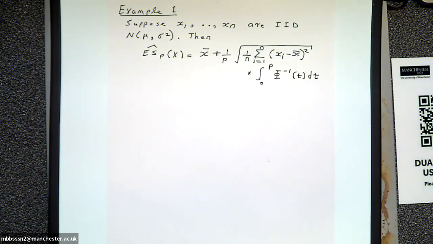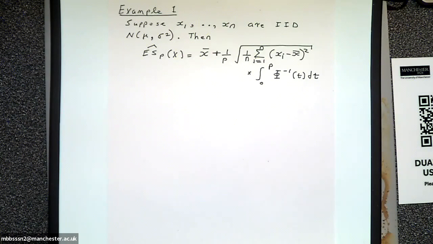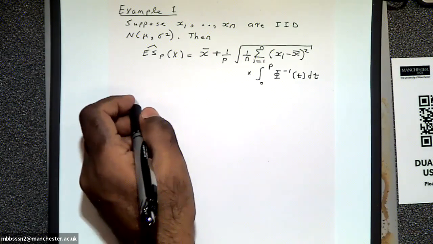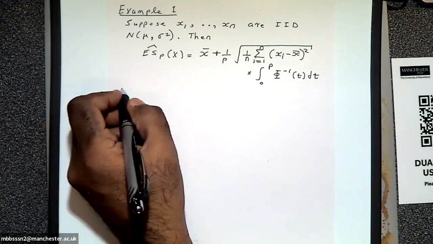This is, as I already showed you, the formula for the estimator for expected shortfall. Now, what I want to show is that I want to find the bias and MSE.